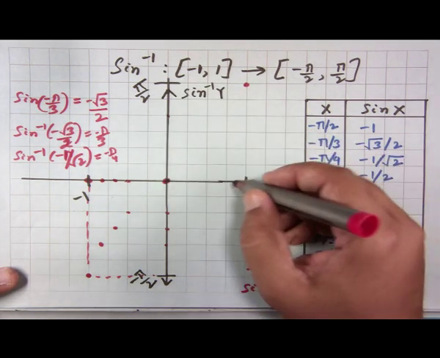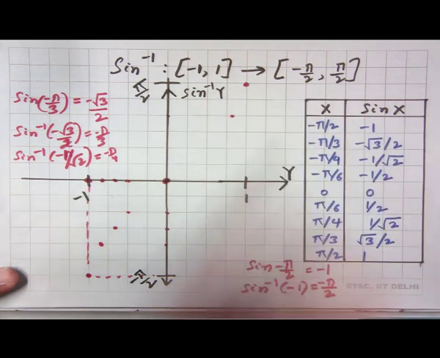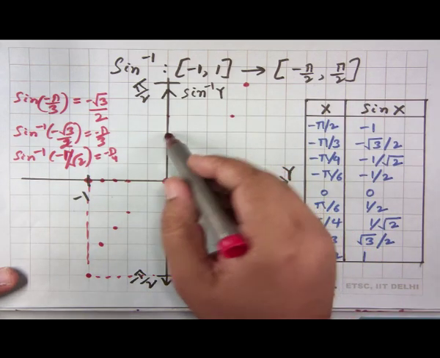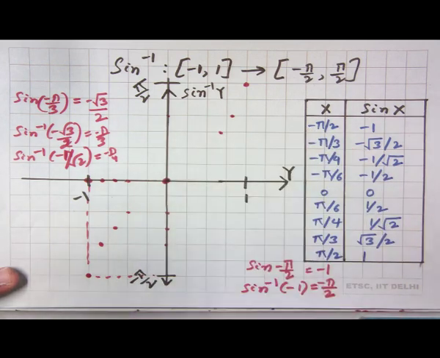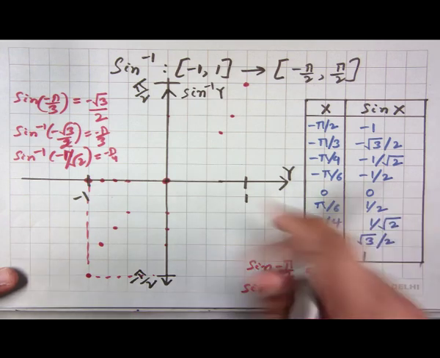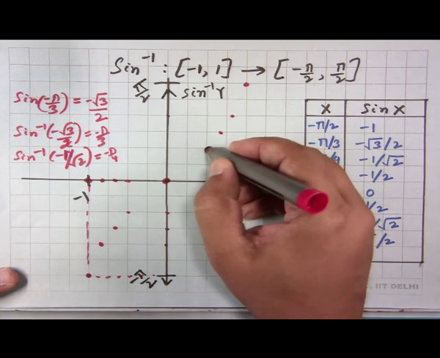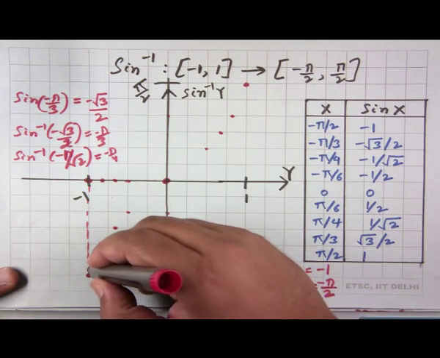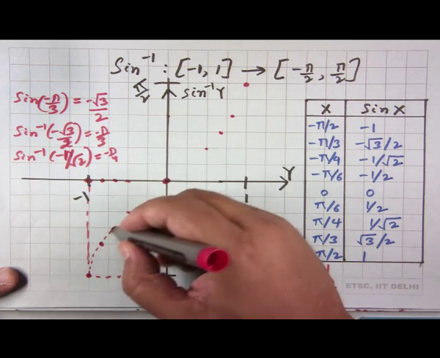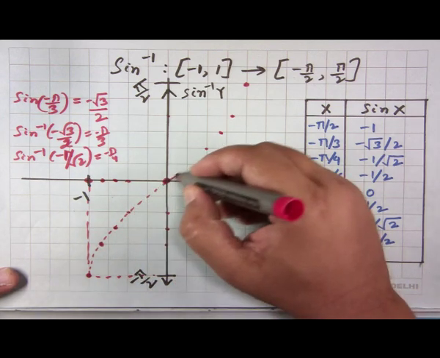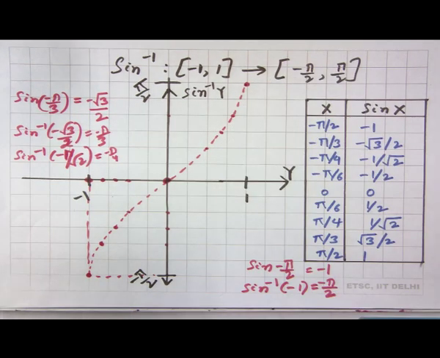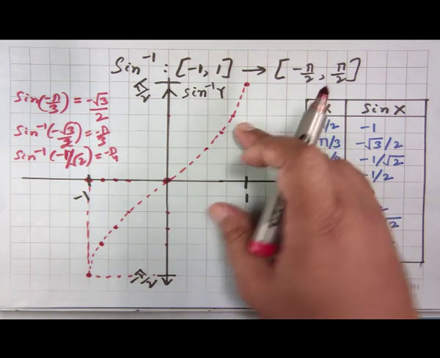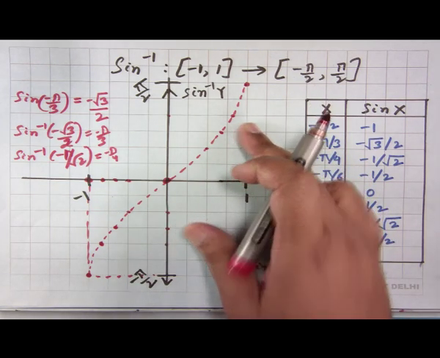So, this and then this will get us this point, and similarly for pi over 4 we are going to get this point here, and then for pi over 6 we have this point here. So, if we join all these dots, we get the, so, this dotted red curve is the graph for sine inverse of y.